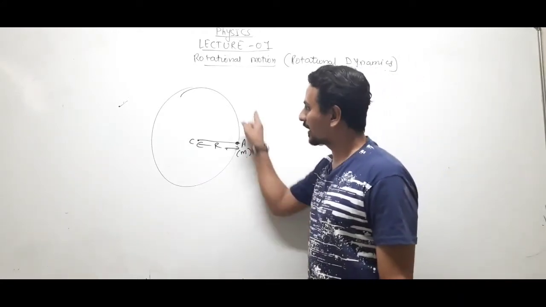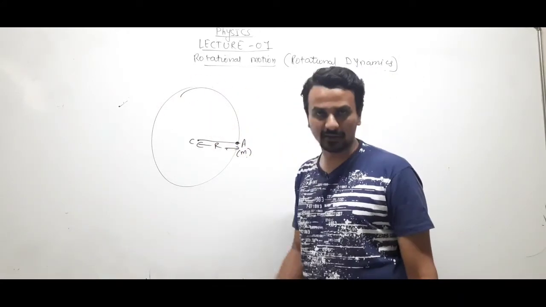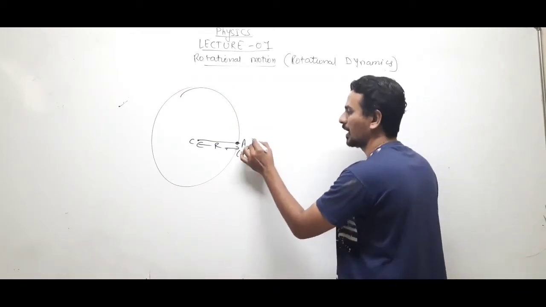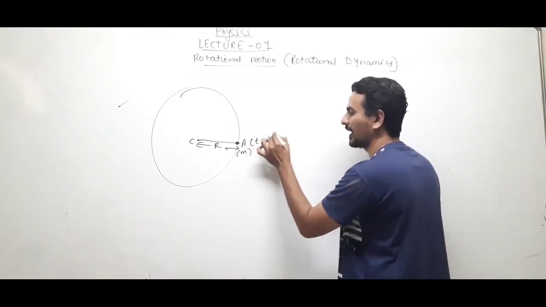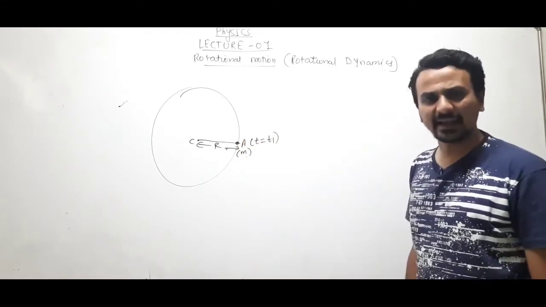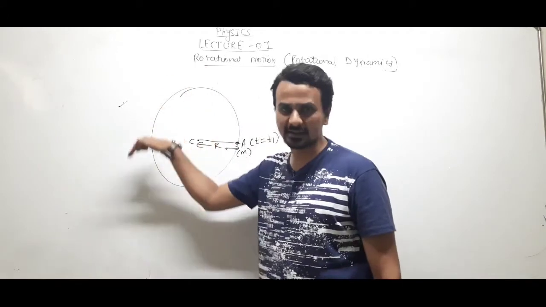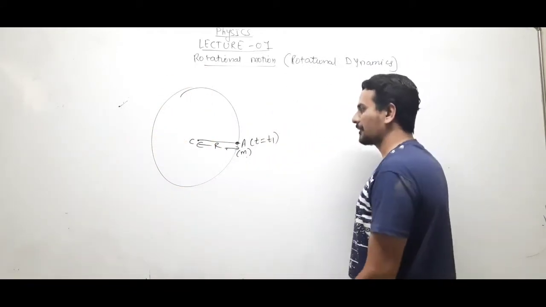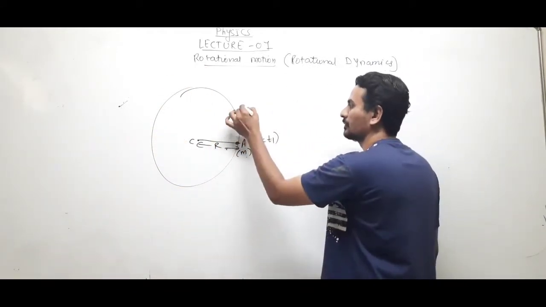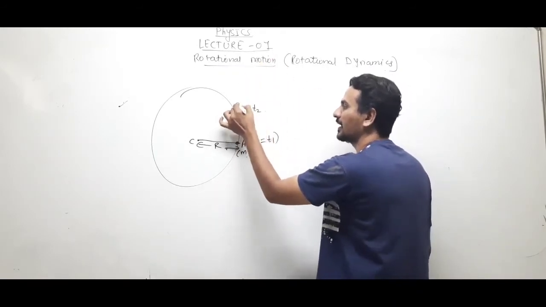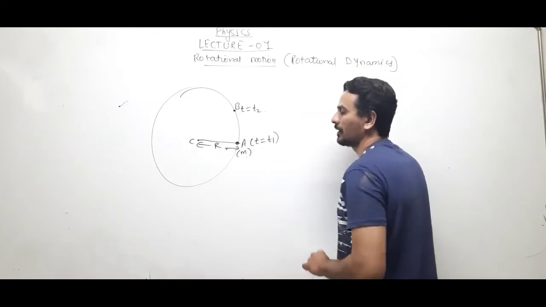It is moving on a circular path. Let us say at t equals t1, the particle is at A. With any constant speed v, the particle is moving on a circular path. After any time t2, the particle reaches a point B.